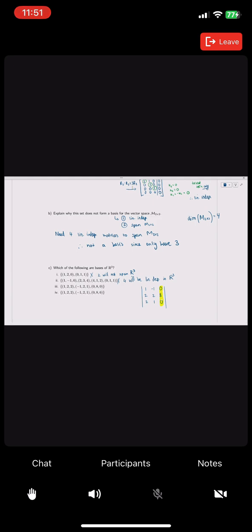You could still use the 3 by 3 trick, but I find it easy to use cofactor expansion because you have just one non-zero entry. So you go 8 multiplied by -1, I'm in row 2, column 3, so 2 plus 3. Cross out the row and column where 8 is. I'm left with 1, -1, 2, 1.